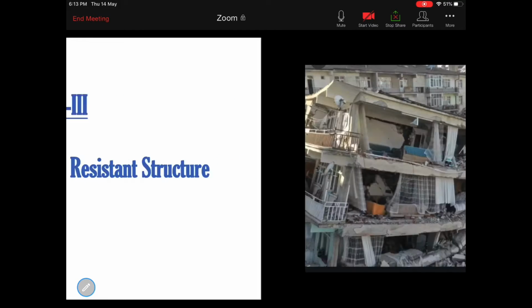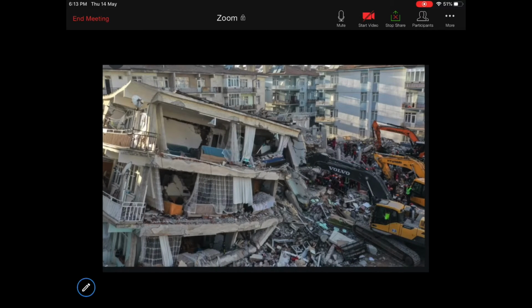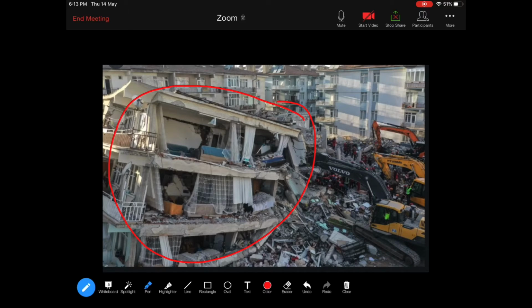So today, as you see in the pictures, to what extent can an earthquake damage a structure, and what type of damage do we consider in our whole structure life. You see it.